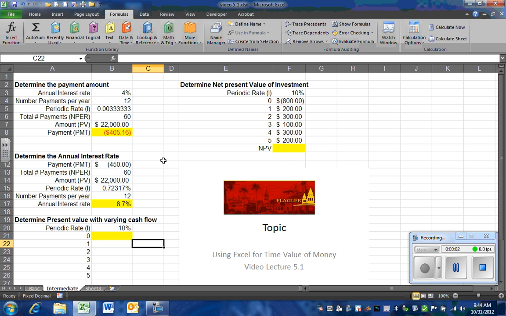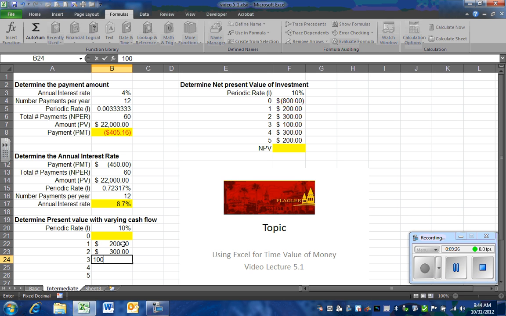Now, often we have a situation where our cash flows are not going to be equal. So let's take a look at a situation where we have varying cash flows. Let's say we have $200 in period 1, $300 in period 2, $100 in period 3, $300, $200.